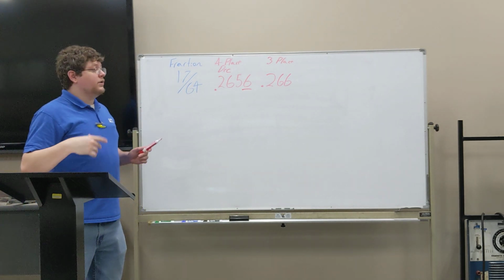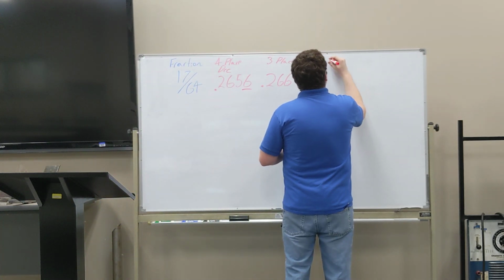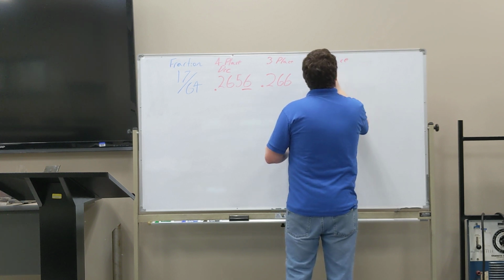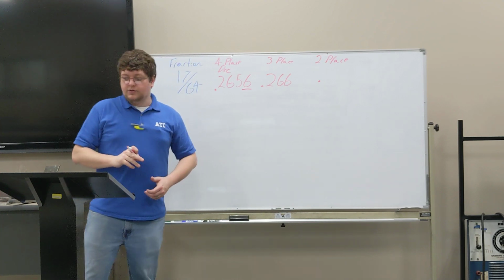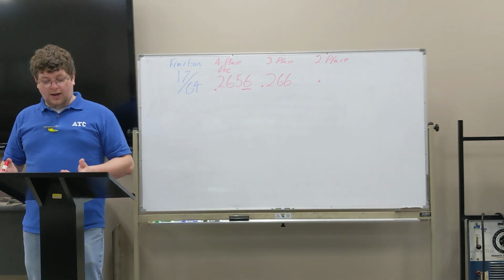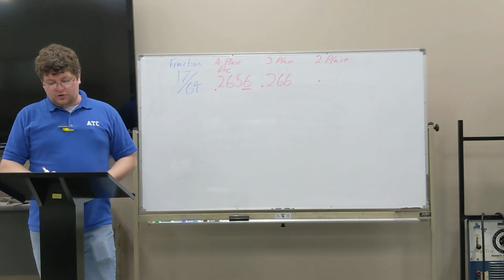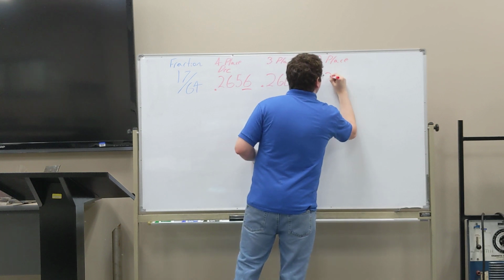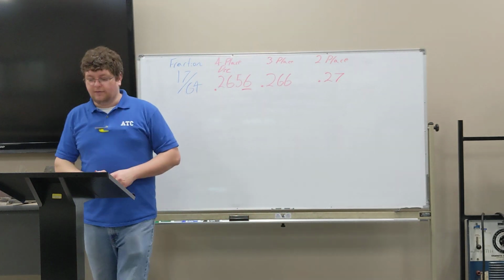The next one is your 2-place. For your 2-place, we do the same thing. If we're going to round up, you go from 0.266 to 0.27.